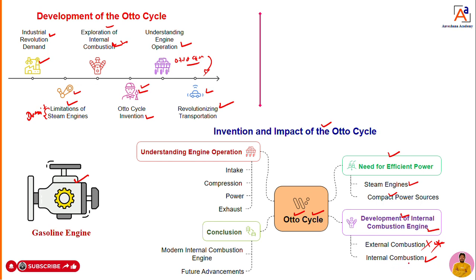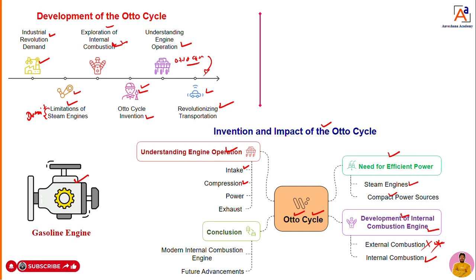When it comes to the internal combustion engine, it has some operations. What operations did Nicholas Otto understand? First is intake, because the air and fuel mixture enters the cylinder. Later, that air-fuel mixture is compressed, which we call the compression process.